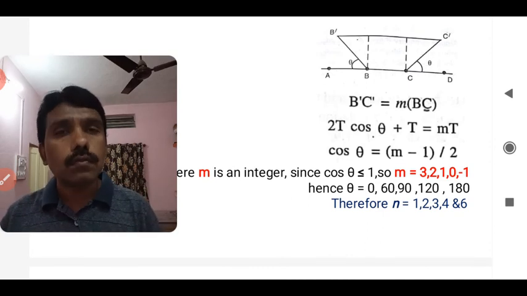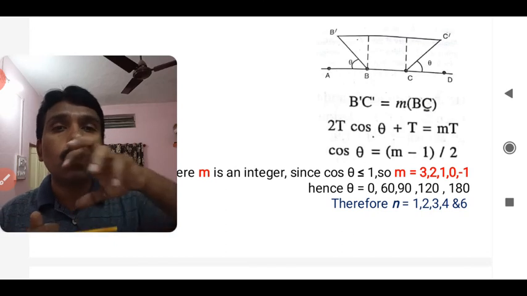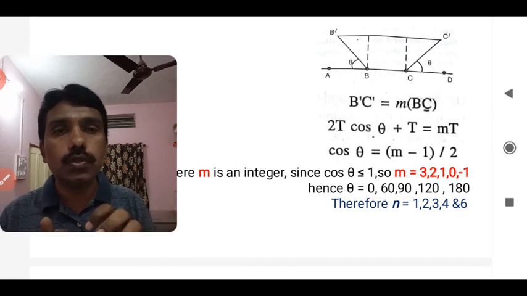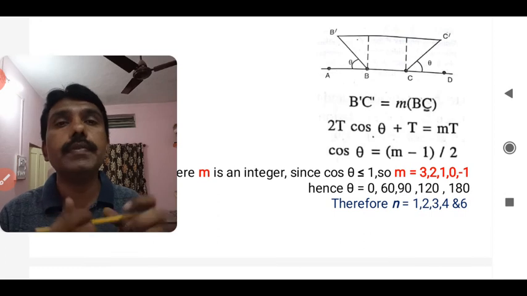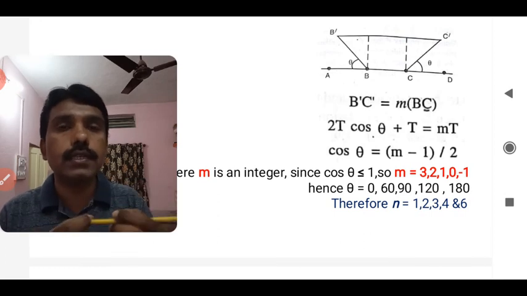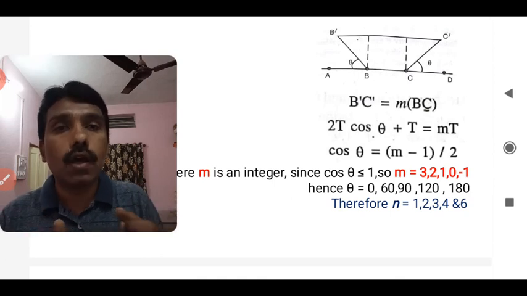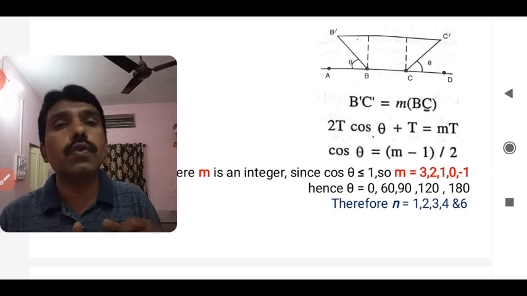Now why are all these things going to be there? We want to find out what type of rotations are possible in such a type of symmetry. In this symmetry, what possibilities are there as far as rotation is concerned?